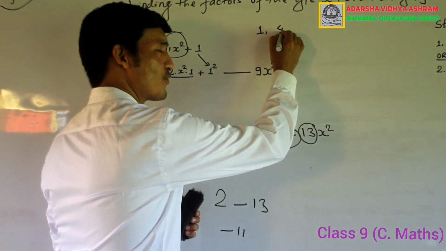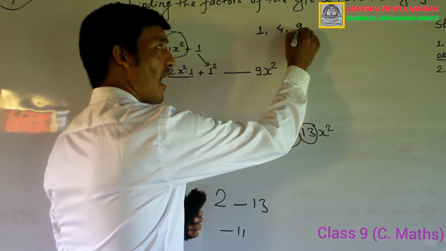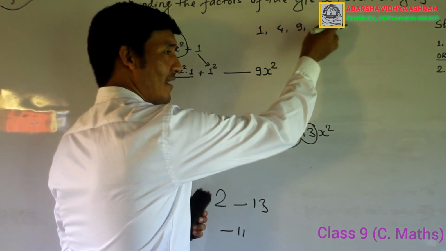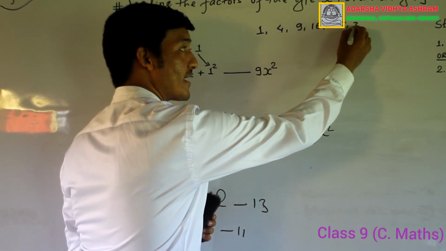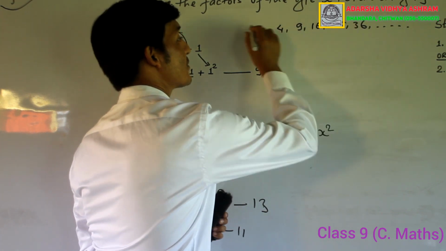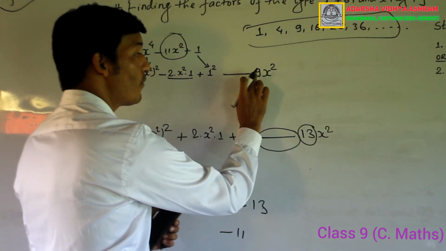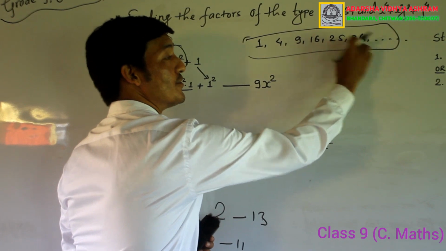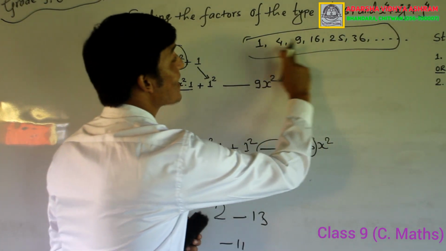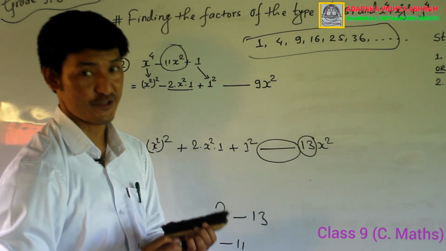Perfect square numbers: 4, then 9, then 16, then 25, then 36, like this. If we bring some number here, that number must be like this. Why? Because these are our perfect square numbers.